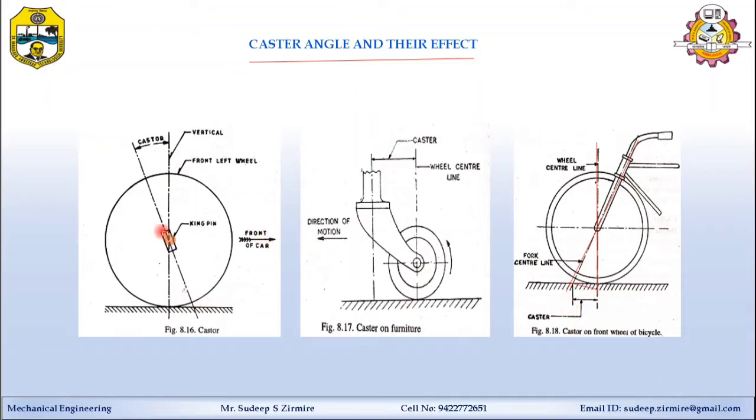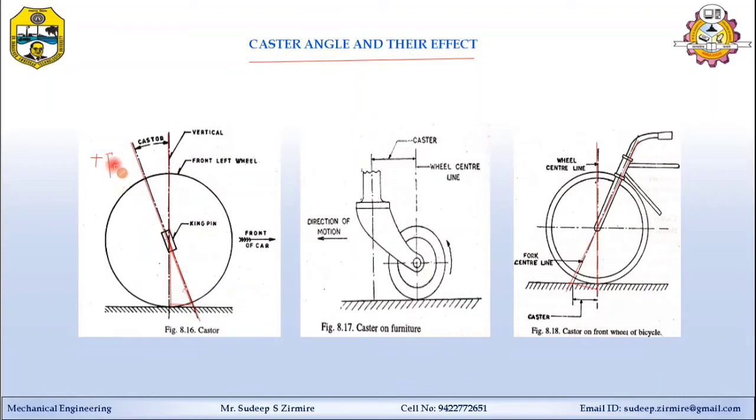The angle between the KPI, or SAI, center line and the vertical plane of the wheel is called the caster angle. If the KPI line meets the ground at a point ahead of the vertical wheel center line, it is called positive caster.